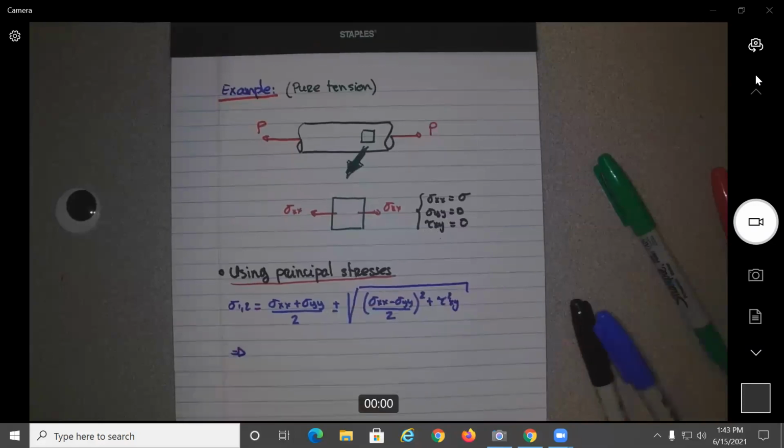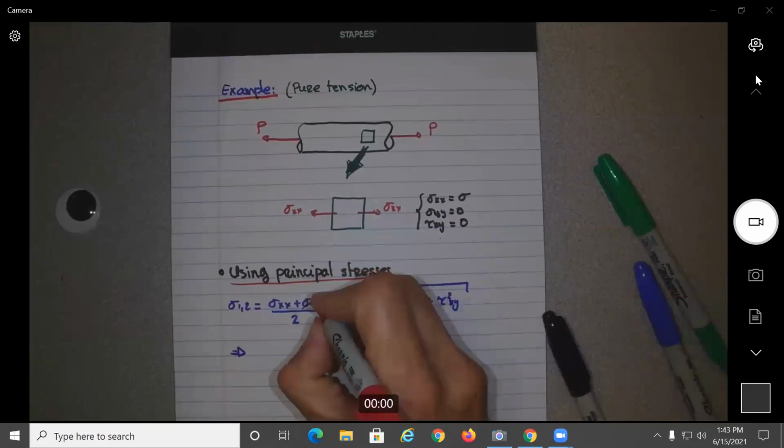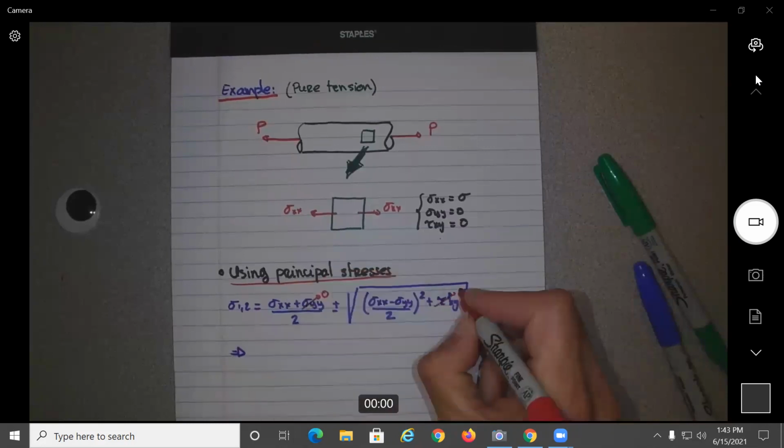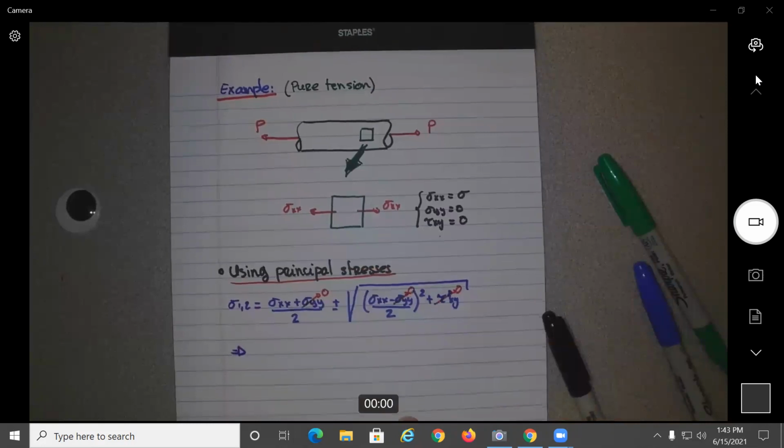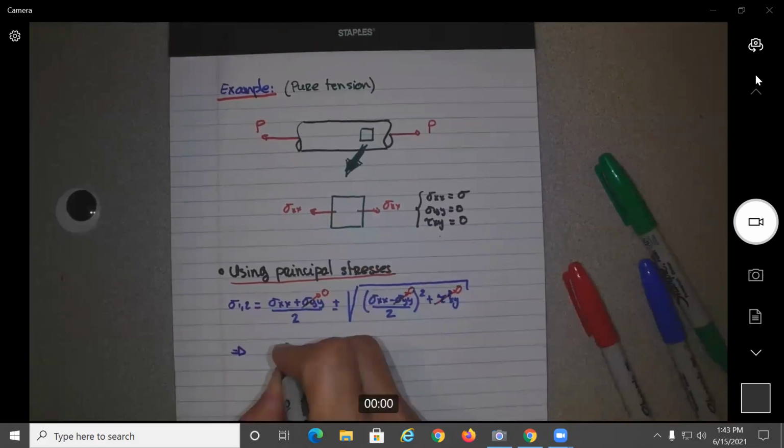Okay, so we substitute, this is 0 here, this is 0, this is 0. You can see right away that sigma 1 will be equal to sigma xx, because we have 1/2 plus 1/2, and sigma 2 will be equal to 0.